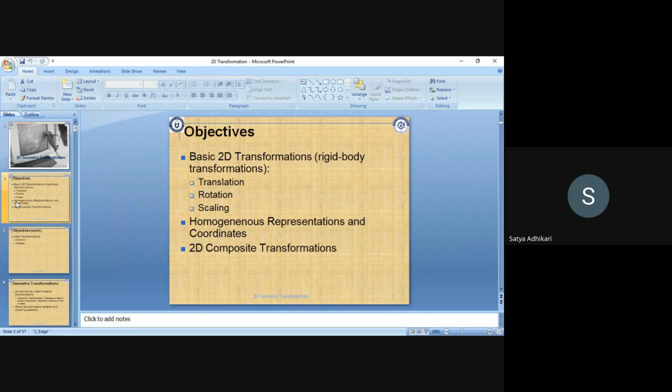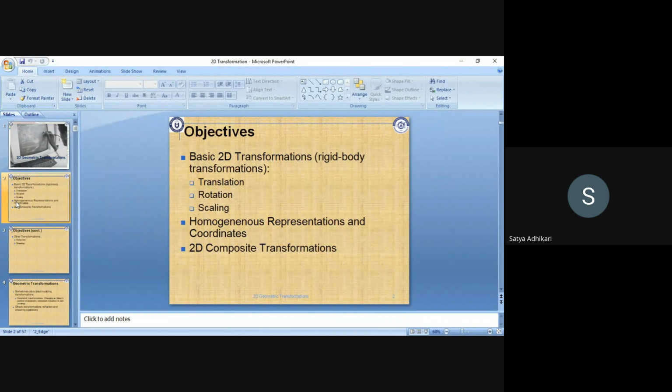Transformation is required because we need our object to be transformed from one form to another. Suppose there is an image, and you want to change its direction. You can change it.